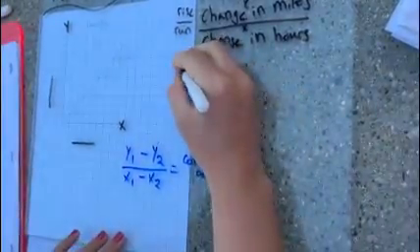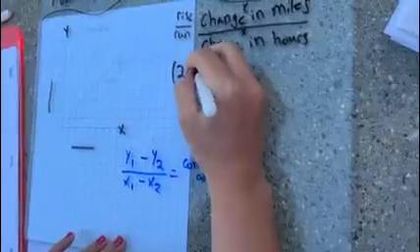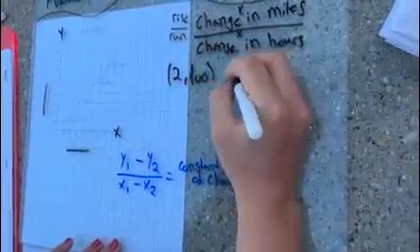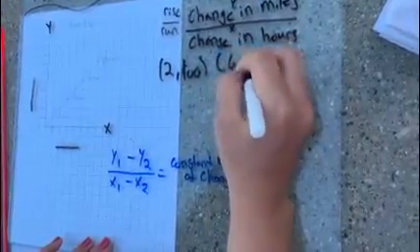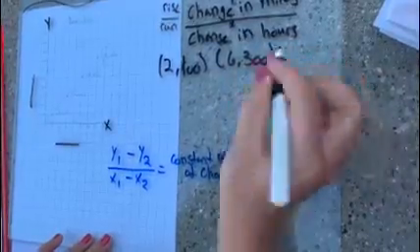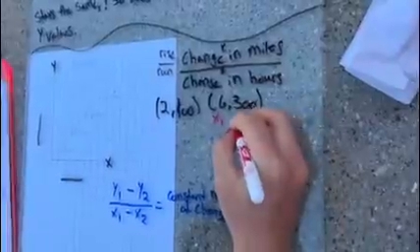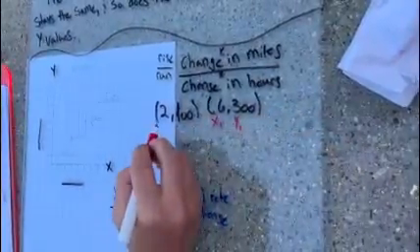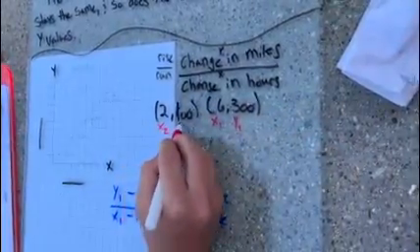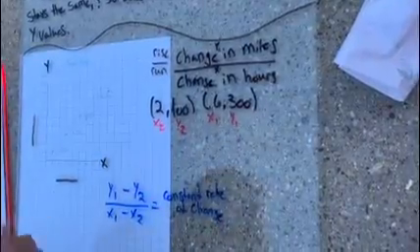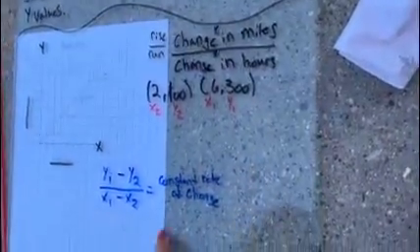Let's do 2, 100, and 6, 300. This will be our x1 and y1, and this will be our x2 and y2. So we're just going to copy what our equation is.